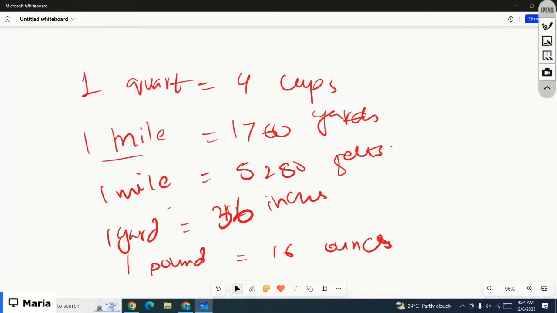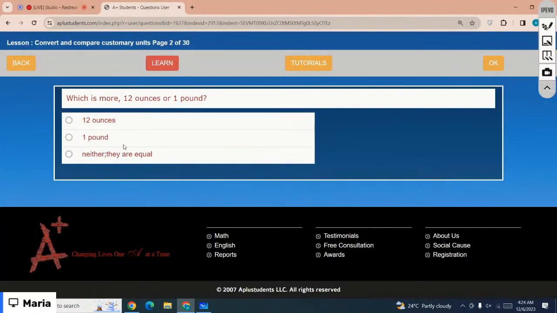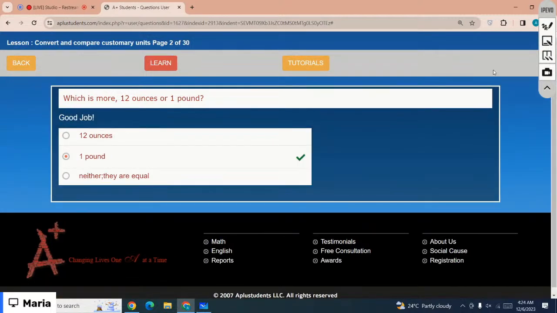So which is more? Obviously 1 pound, right? Because in 1 pound you have 16 ounces. So 16 ounces is more than 12 ounces, right? Very good.